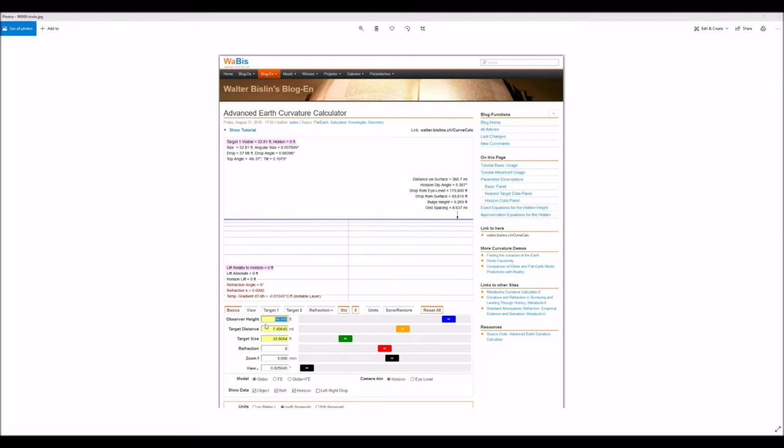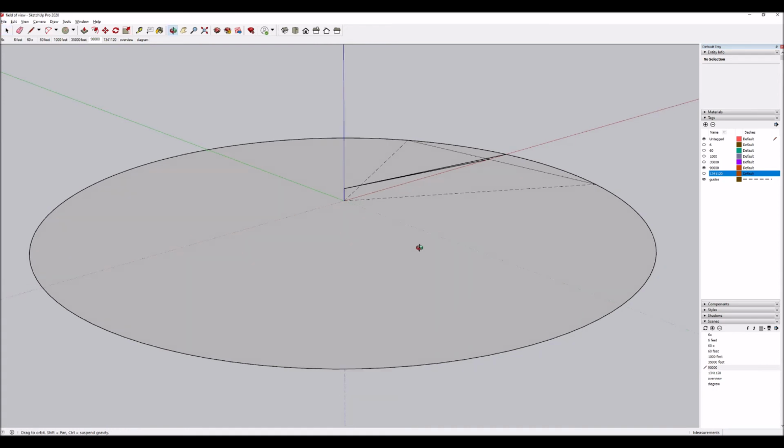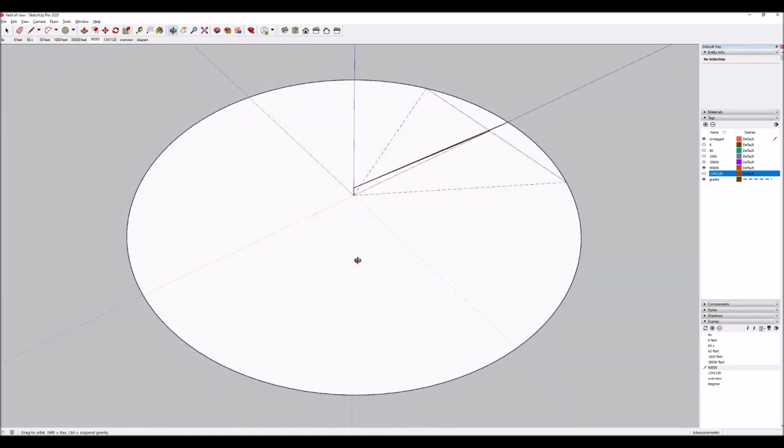We put our observer height at 90,000 feet. We get a distance to the horizon of 366.7 miles and a horizon dip angle of 5.3 miles. Now we will go into our model, and here is the circle representing that 366.7 mile radius.